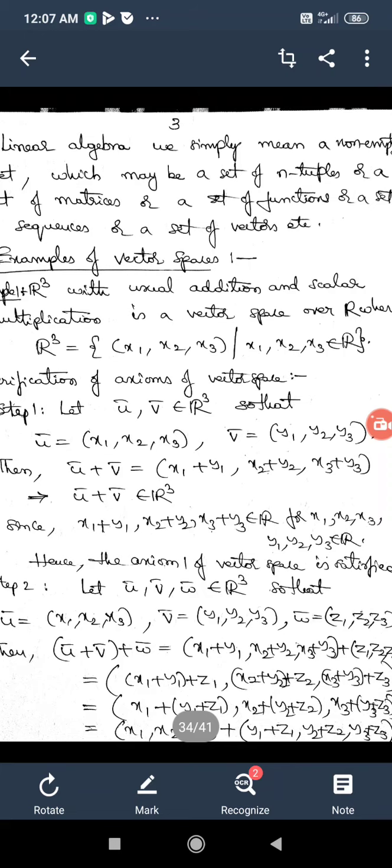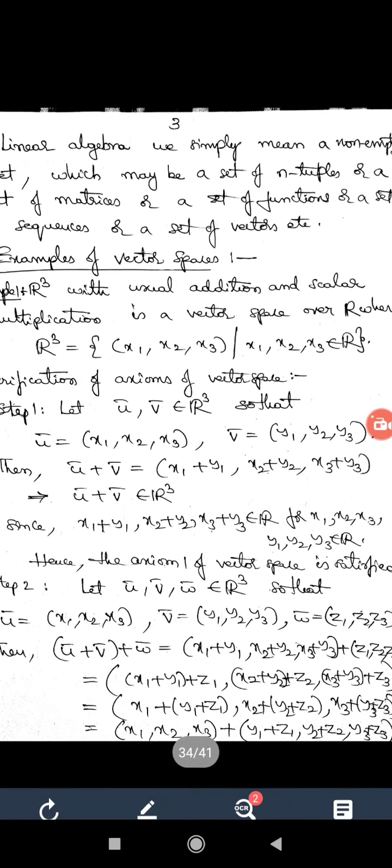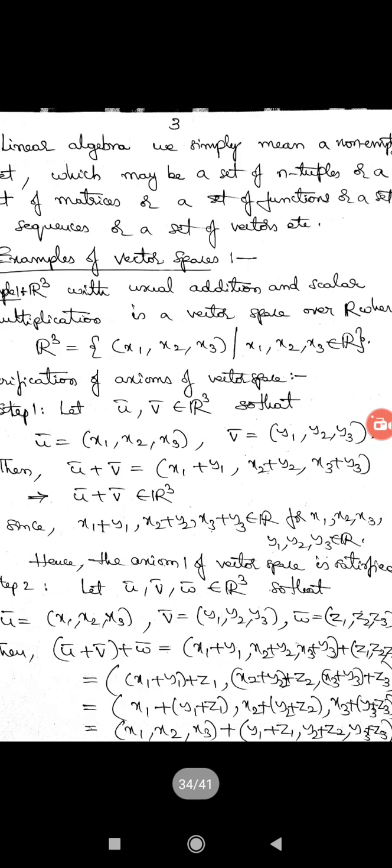That is how R3 is the set of all elements of the form x1, x2, x3 such that x1, x2, x3 belong to capital R.